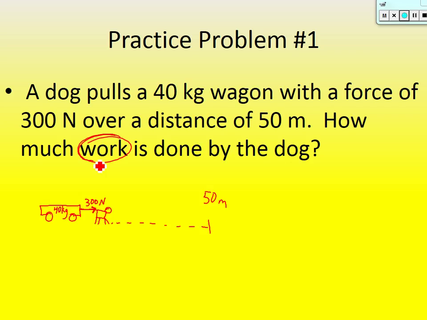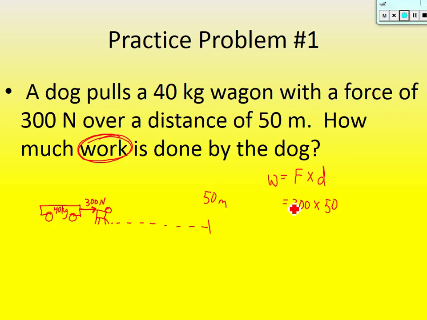What's the work? How much work is done by the dog? Well, I gave you the equation for work. Work is equal to a force times a distance. And remember, the force has to be in the same direction or parallel to the movement. And it is in this case. So the force is directly parallel to the movement of this wagon. And so we can just use that force, 300, and we're going to times that by the distance, which was 50.